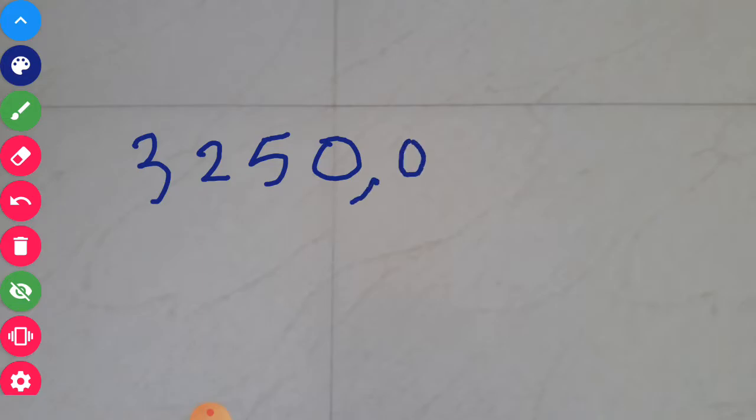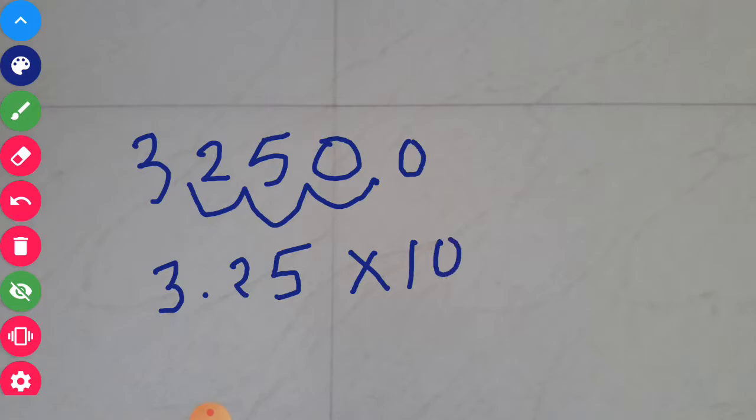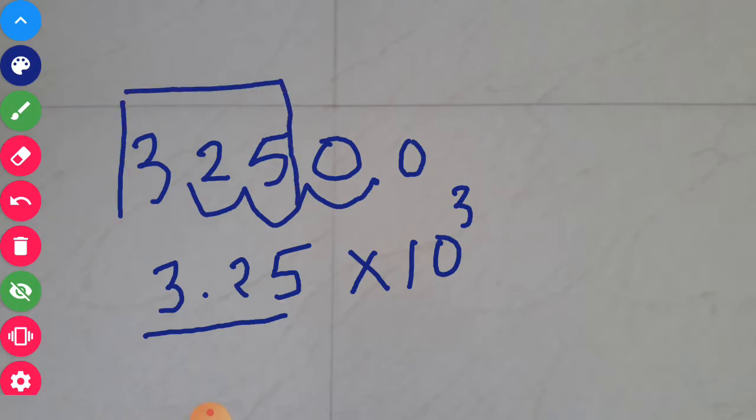Now you change it to the scientific way of writing, so 3.25 times 10 to the power 3 it becomes. Now you can see how many significant figures there are. According to the rule, these are the 3 significant figures. And here also, if you remember the rule, the trailing zero is not taken into consideration. So there are 3 significant figures. Both ways the things are correct.